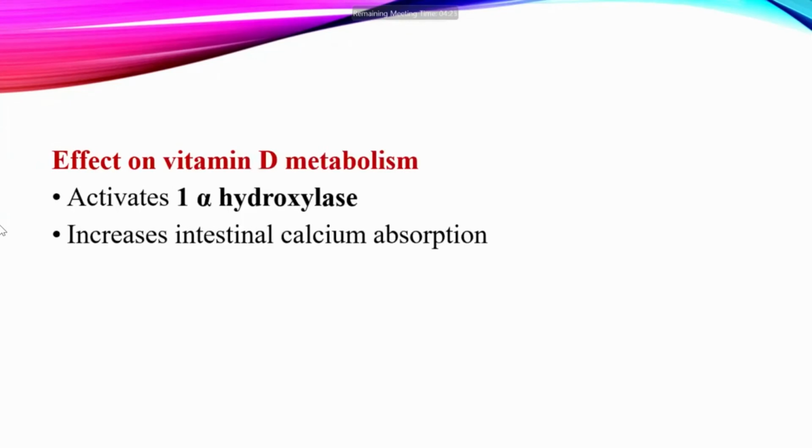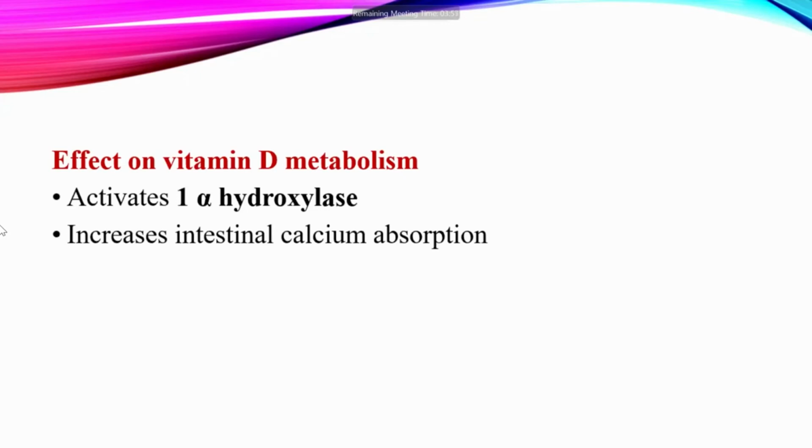So generally what happens is the conversion of the provitamin, that is cholecalciferol, which we generally call provitamin D, to the active form, that is calcitriol, the 1,25-dihydroxycholecalciferol, takes place in the kidney.